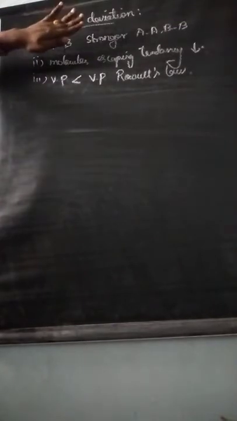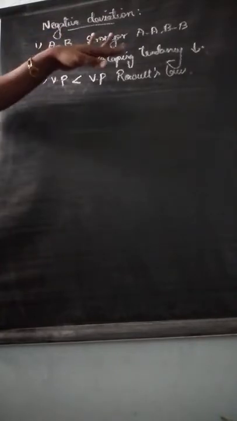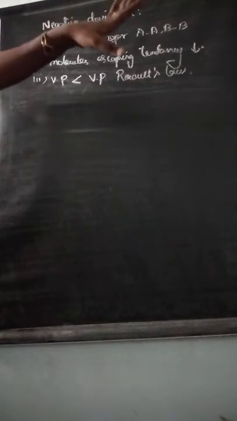Understand? So what are the points we learned? First point, the intermolecular force of interaction between AB is stronger than the intermolecular force between AA and BB. Second point, the molecules' escaping tendency is lower compared to the ideal solution.